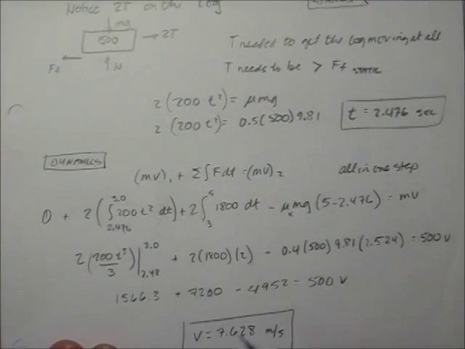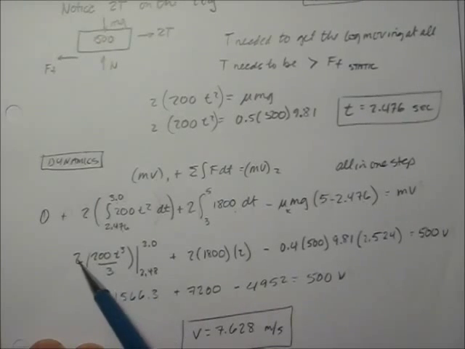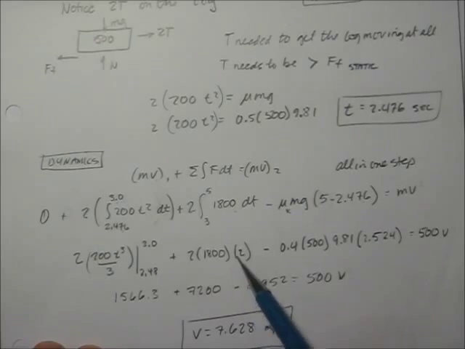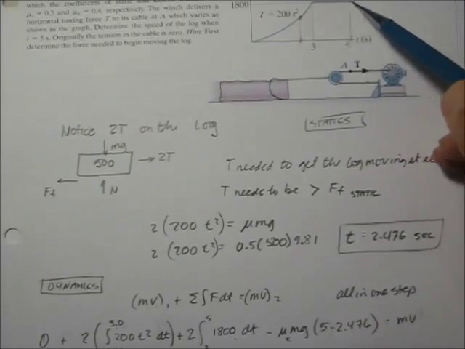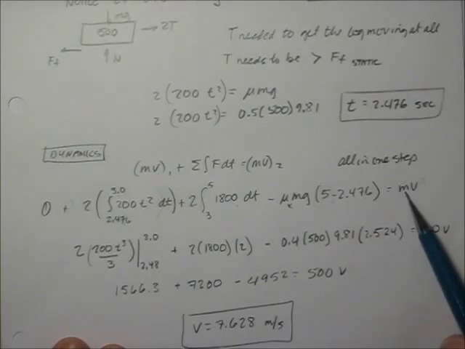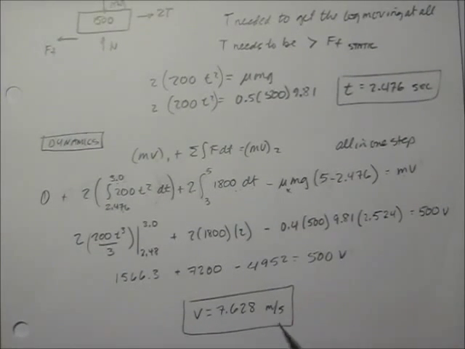Integrating these things is again pretty easy. 200t cubed over 3, and I've got 2 of those, evaluated between those limits. Then I've got the 1800, which operates between 3 and 5, and then here's my friction force, and that's equal to my mass times my ending velocity. Solving that for velocity, I get 7.628 meters per second.